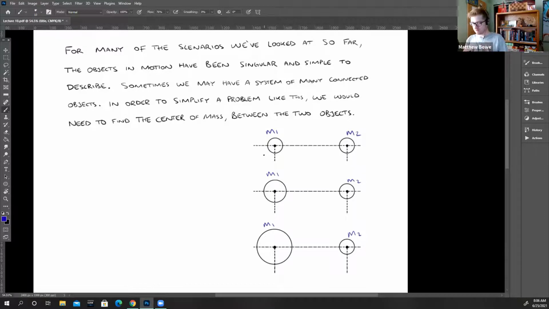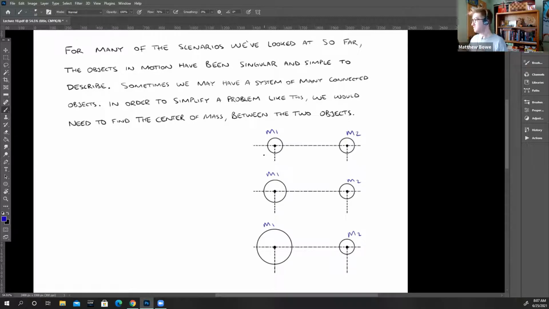So typically, in a ball or some sort of regular shape, the center of mass is going to be in the exact center. You think of it as if you were to squish this object down to a single point, where would that point be? In a sphere, it's simple, it's right in the exact center.